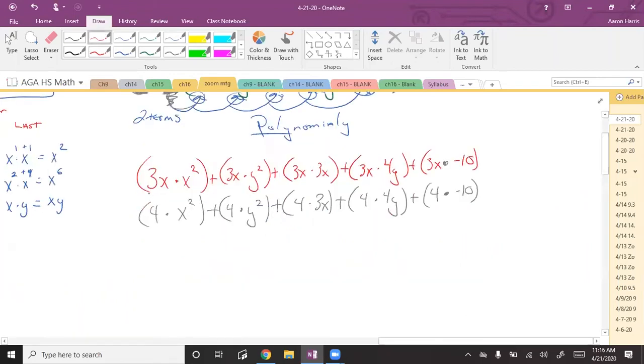All right, so let's do them. 3x times x squared. 3 times what? 1. And I get 3. X times x squared, I get what? x cubed. So 3x cubed plus 3 times 1 is 3.